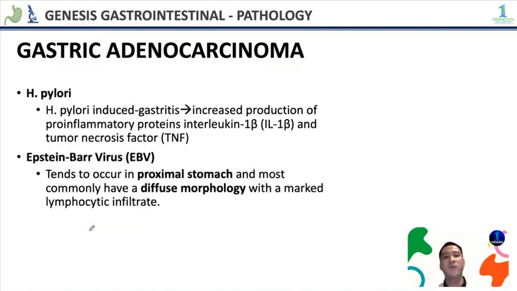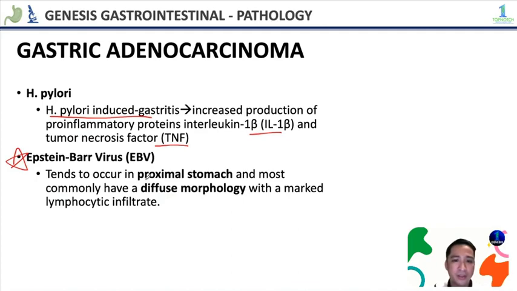Gastric adenocarcinoma is associated with H. pylori gastritis, H. pylori-induced gastritis that will create further inflammatory mediators in the name of interleukin 1B and your tumor necrosis factor.